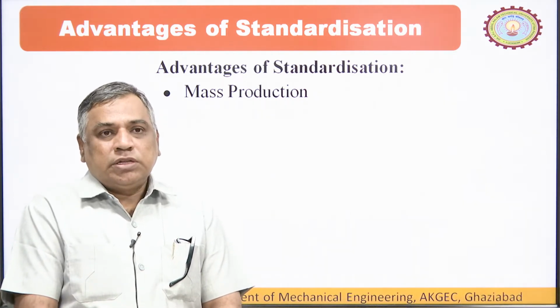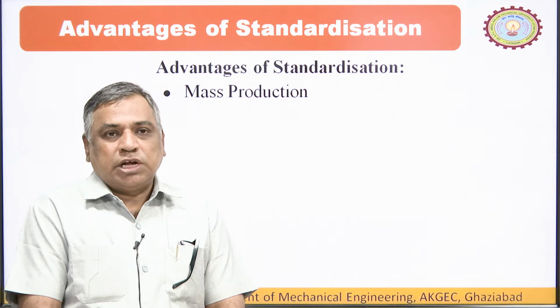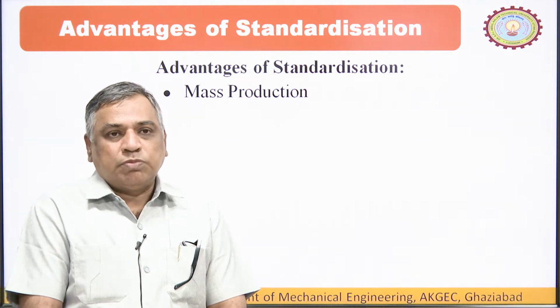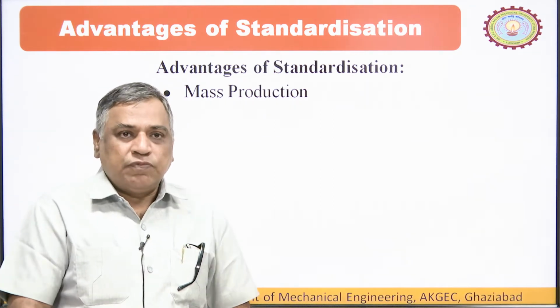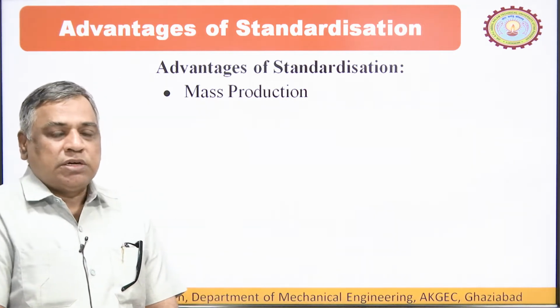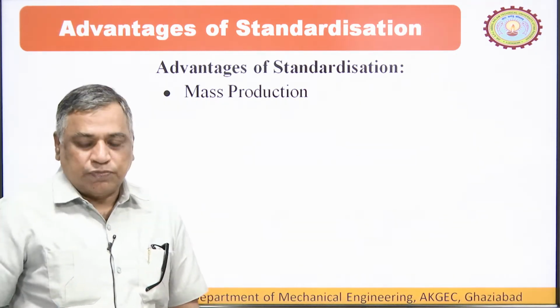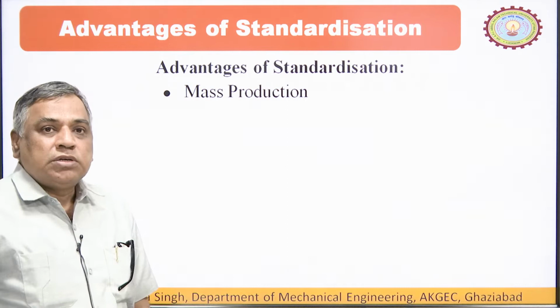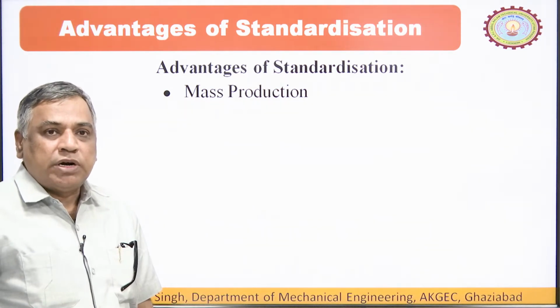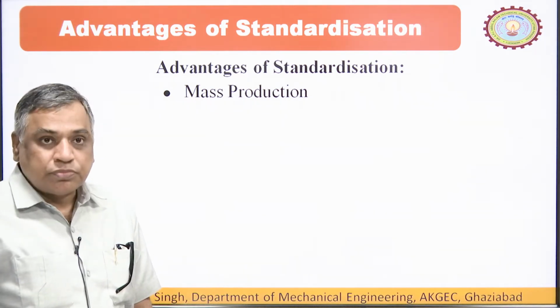In this way mass production can be done, and if we can produce something in mass, it will make the product cheap and cost effective. This is the first advantage of standardization.